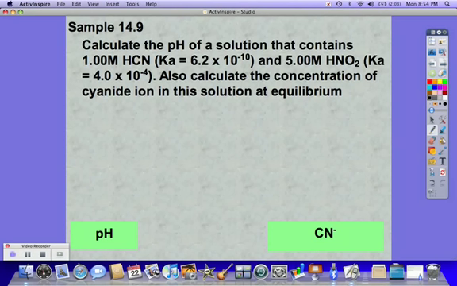Alright, in this case, we are given two acids, HCN and HNO2. Both are weak. And so we need to compare those two as well as water to see which one is going to be contributing to our hydrogen ion concentration the most.